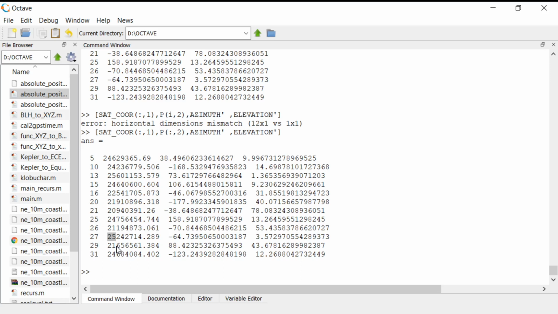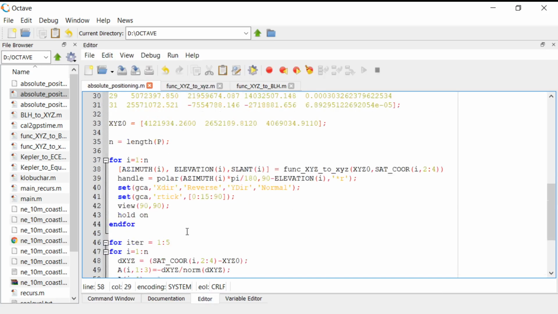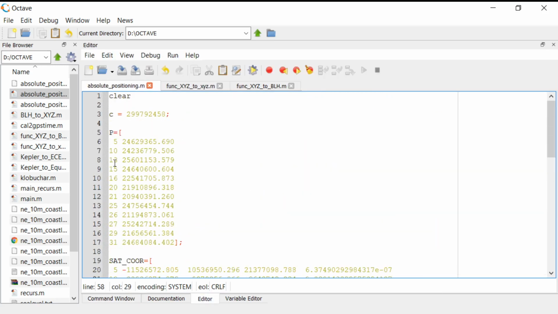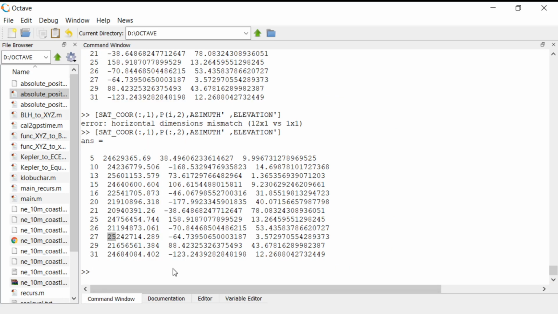So let's, for a moment, exclude these observations. This is the 13th observation and the 27th satellite. This means the third observation from the beginning and the third observation from the end.